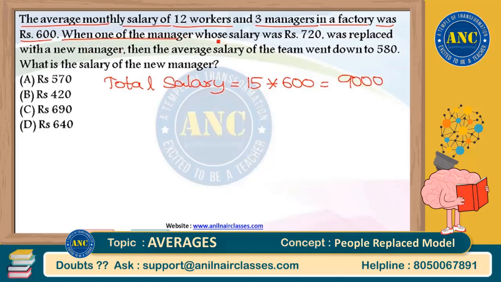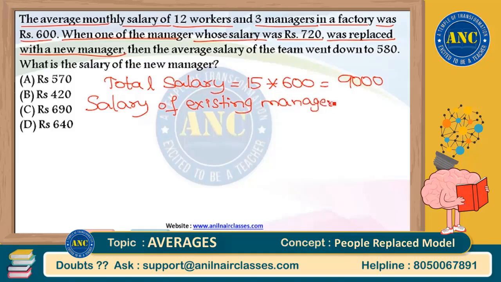Read the next statement. One of the managers, whose salary was 720 rupees, was replaced with a new manager. Let me write that also. Salary of the existing manager is 720 rupees. He is replaced by a new manager, right?